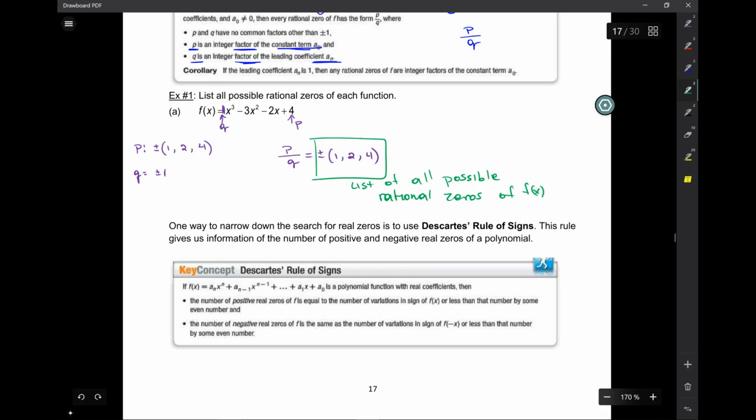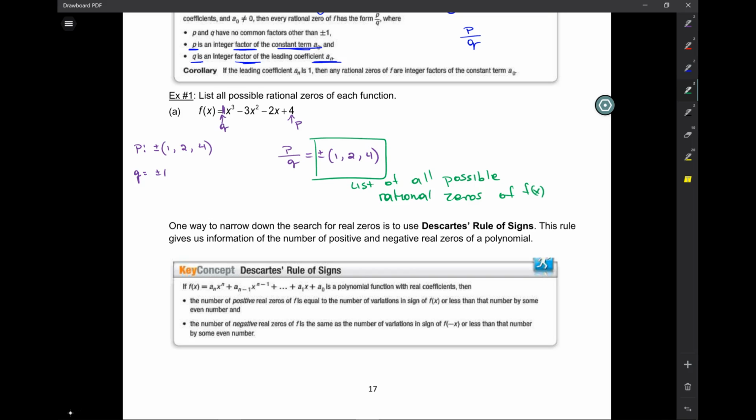How many numbers are on this list? 6. So what does this mean? How many total zeros is this function allowed to have? 3, right? Because it's x cubed. So we're allowed to have 3 zeros.